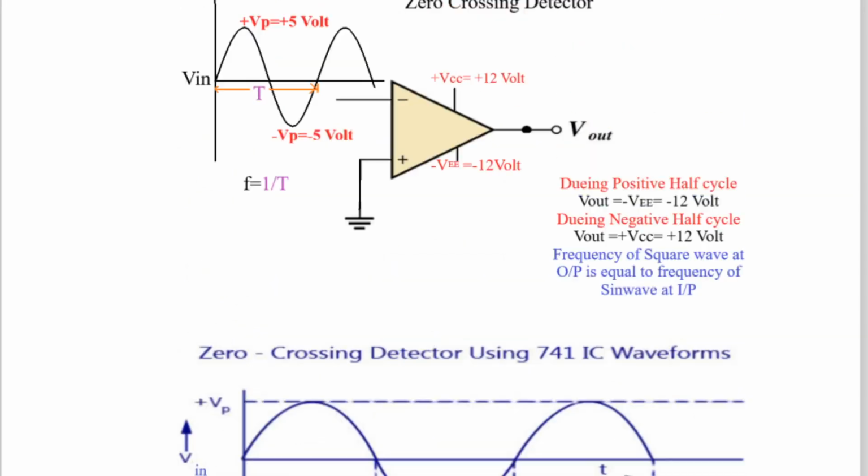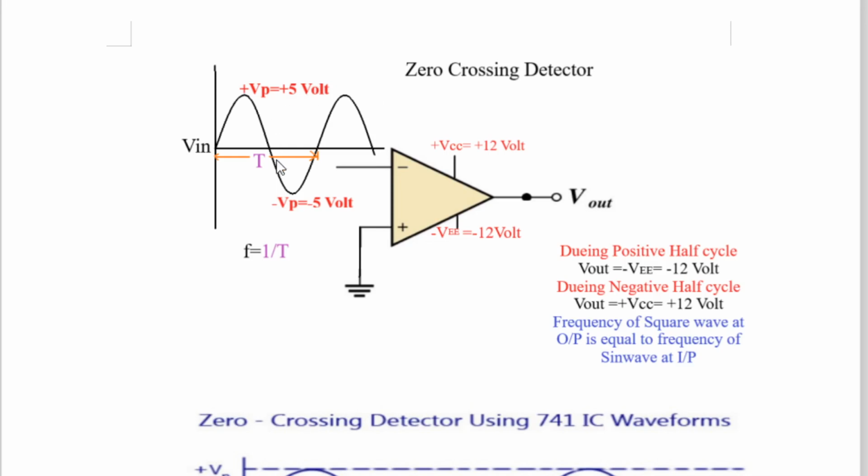Now let us go again to the circuit. During the negative half cycle, what happens? You know, in a sine wave, there is a positive half and a negative half. In the negative half, the voltage goes below the x-axis, means below 0: minus 2, minus 4 and minus 5. Means during the negative half cycle, the voltage at the inverting pin is always negative, and the voltage at the non-inverting pin is permanently 0.